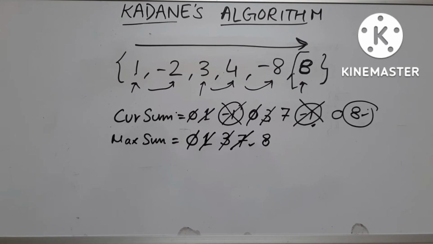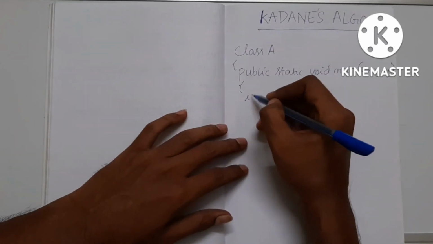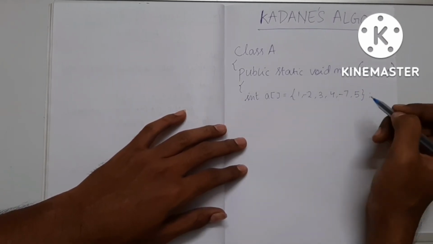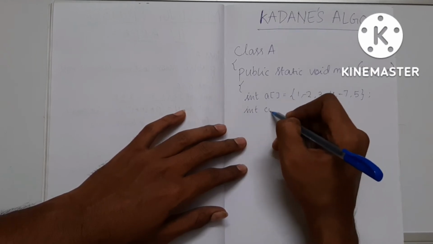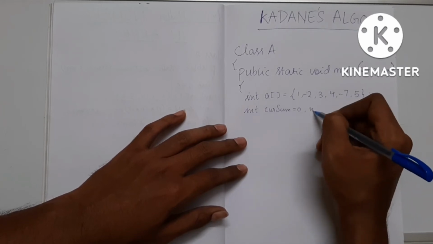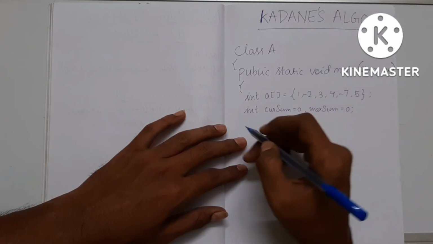So now let's write the code for this. Now let's declare the array. Now let's declare the variables current sum as 0 and max sum also as 0.